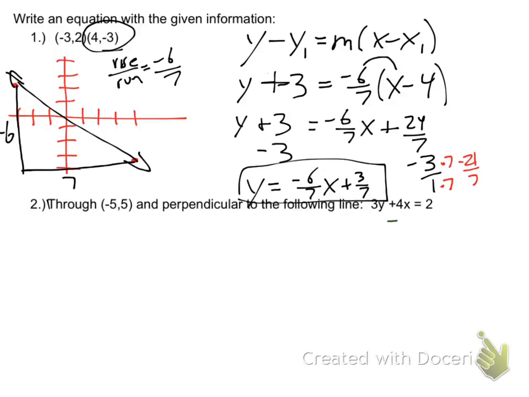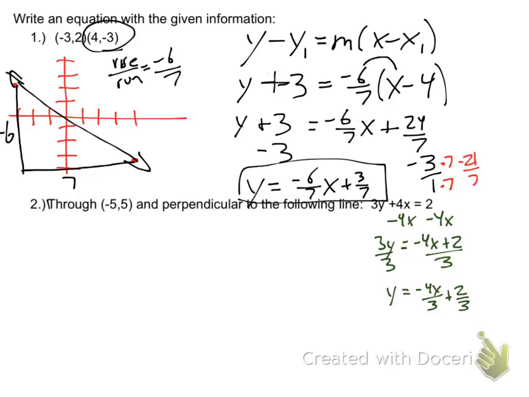So I'm going to subtract 4x from both sides. So 3y equals negative 4x plus 2. And then divide both sides by 3. So I end up with y equals negative 4/3 x plus 2/3.